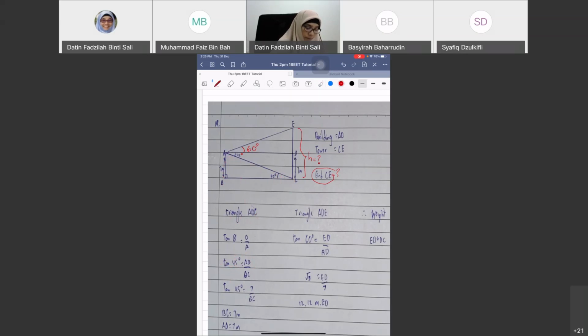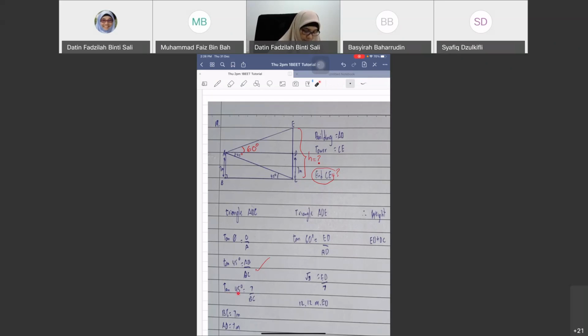So we are using this trigonometric ratio, tangent 45 degrees equals AB over BC, and BC is the one that we want to find. AB is given as 7.